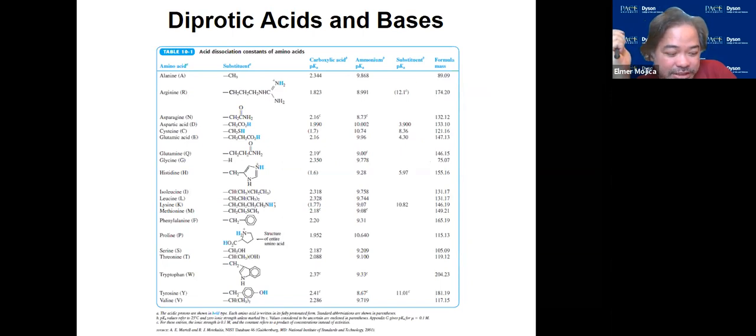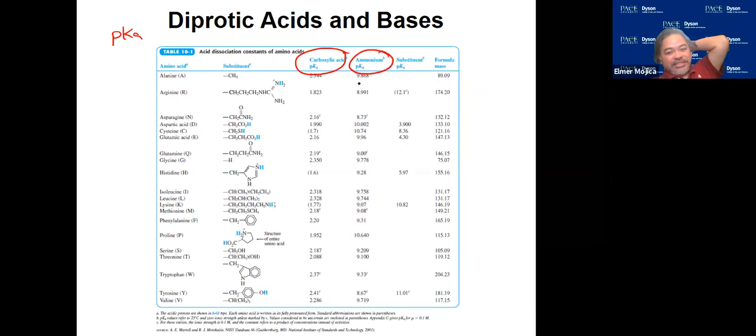That means if you have a polyprotic acid, you also have more than one pKa. One is the carboxylic group, and the second pKa has something to do with the ammonium group. So in most of them, there are always two pKas.